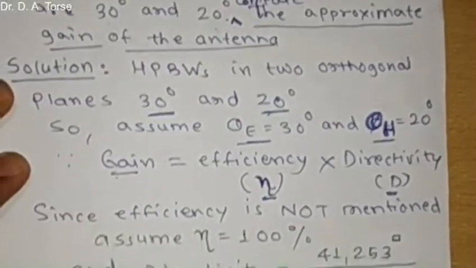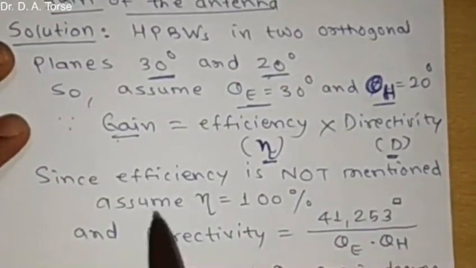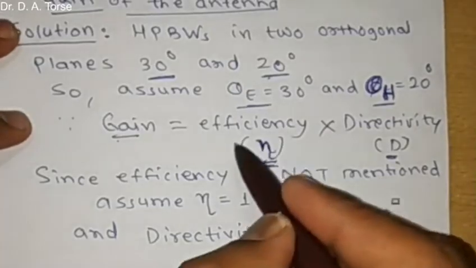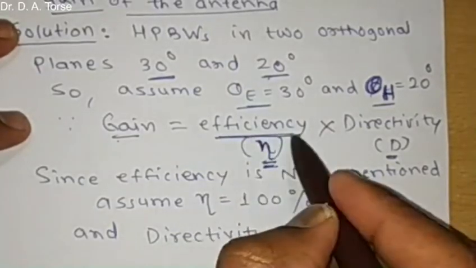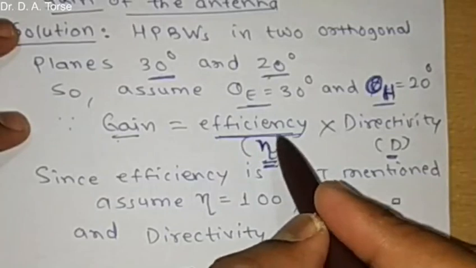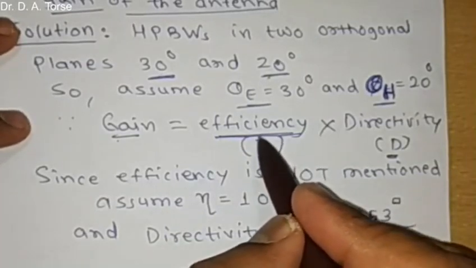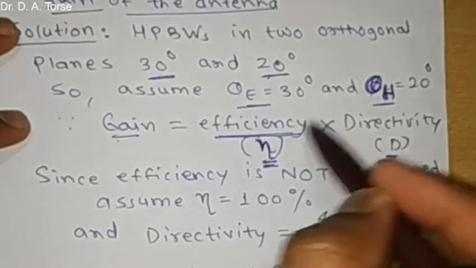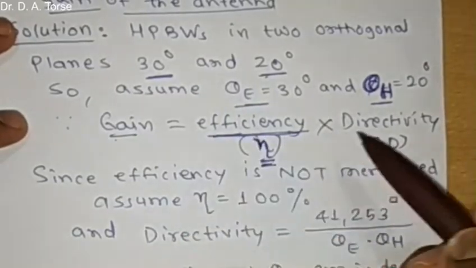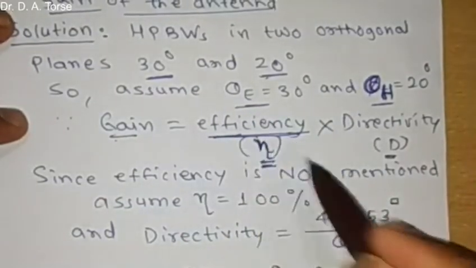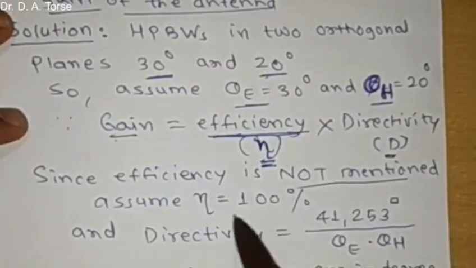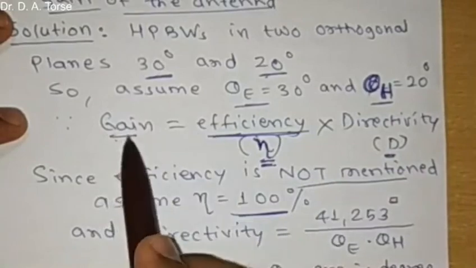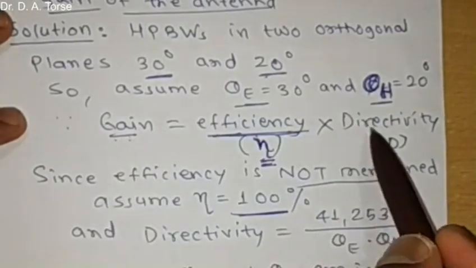Since in this numerical statement the efficiency is not mentioned, if you know, efficiency is antenna radiation efficiency, which comes in three parts as radiation efficiency, dielectric efficiency, and the conduction efficiency. So since efficiency is not mentioned, we can assume it as 100%, so its value is 1. So here the gain that we are going to compute is nothing but the directivity.